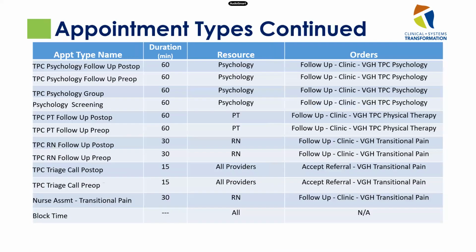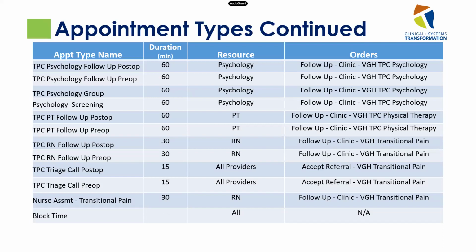Next page. So we have psychology follow-up, post-op and pre-op, 60 minutes. We have a psychology group, 60 minutes. We have a psychology screening, 60 minutes. We then have a PT follow-up, post and pre, 60 minutes for PT.